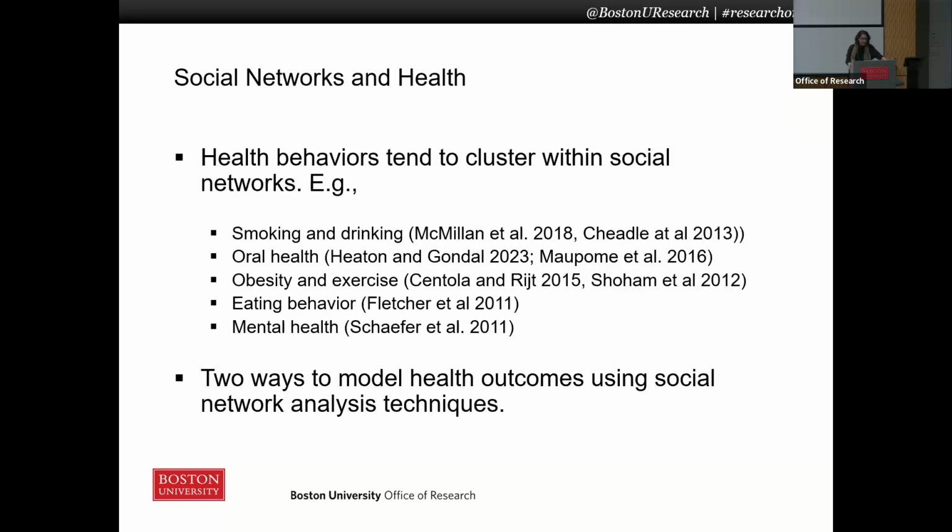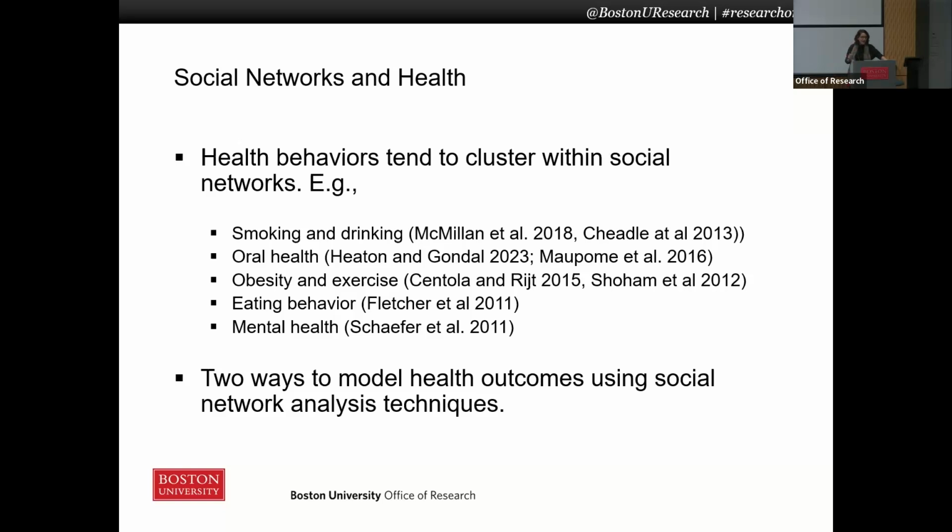One of the first things that network research shows us is that health behaviors tend to cluster within social networks. Social networks are the set of relationships that we're embedded in: our friends, our family, our neighbors, all the people we have discussions with, and so on.